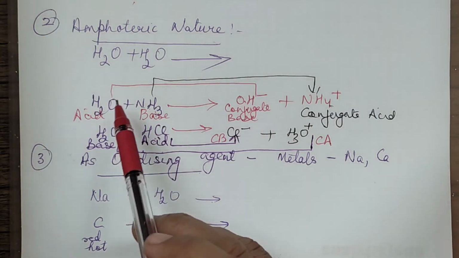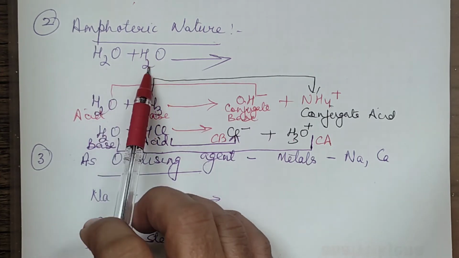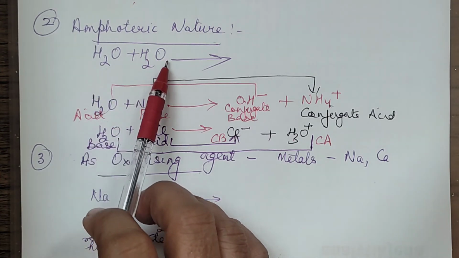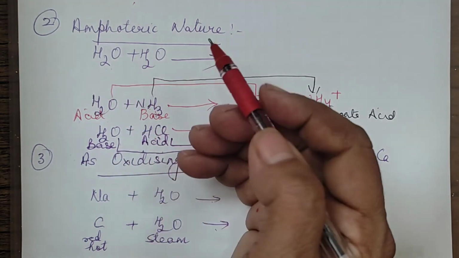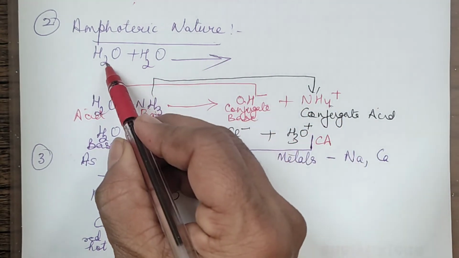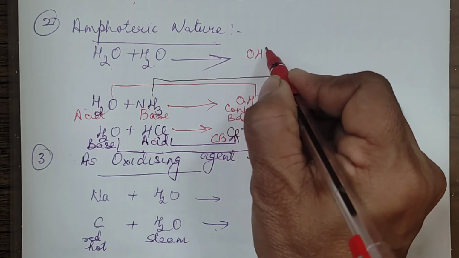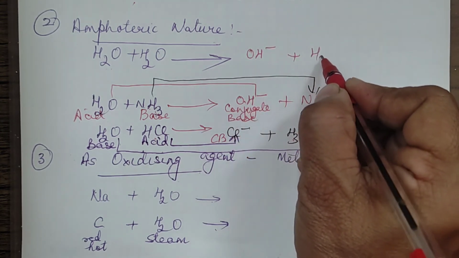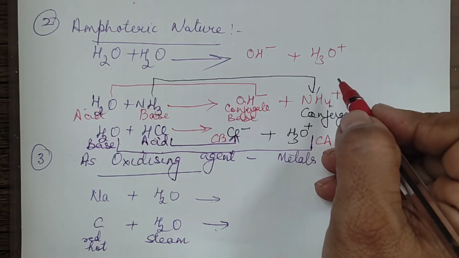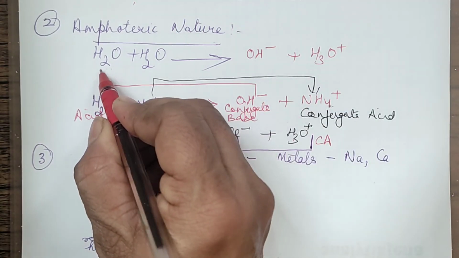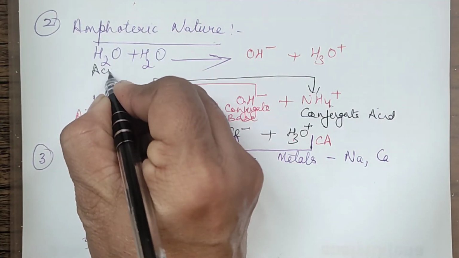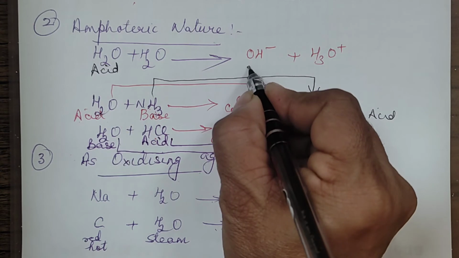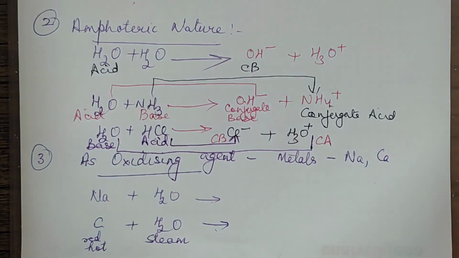Otherwise, suppose we are taking this example. Two water molecules can combine. So one water molecule can lose proton and another can gain. The one that is losing will form OH-. The one that is gaining will form H3O+. So for this one water, any one we will write down here because we cannot specify which one has lost or gained. So one is acting as acid. This one will be acting as a conjugate base of that acid.